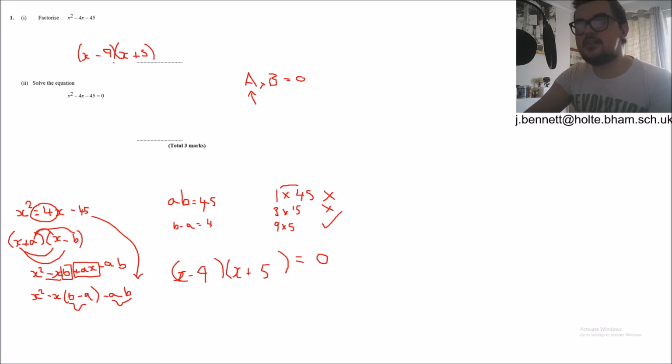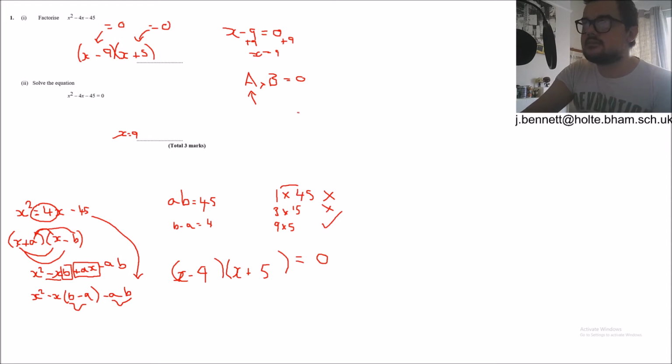So x minus 9, we equate that to 0. We add 9 to both sides. We get x equals 9. So we can put that here, x equals 9. And then we equate the other side as well, because we've equated this to 0, and now we equate this to 0.